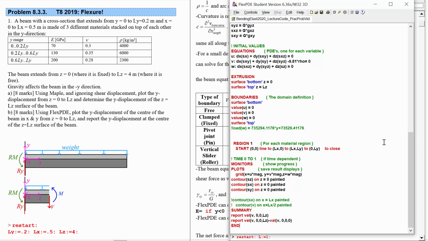So that's just drawing a rectangle without specifying any different boundary conditions on any of the sides, because conveniently in this situation, all the sides in the XY plane are just free along the length of the beam.